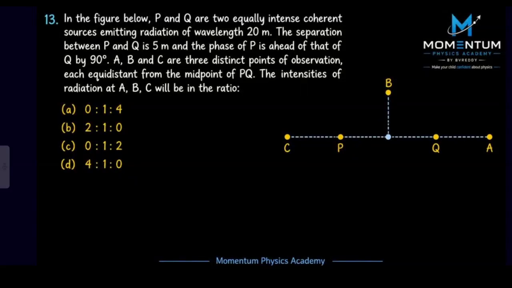A, B, C are three distant points of observation, each equidistant from the midpoint of PQ. We need to find the intensity of radiation at A, B, C.